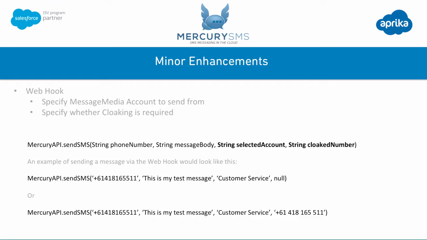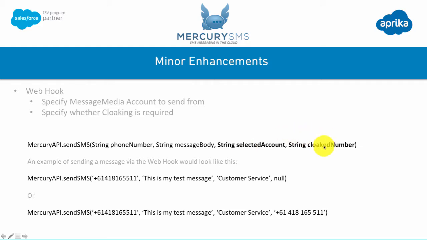The webhook has had a couple of minor enhancements to it. So we've added in an additional 2 parameters to the webhook. Where you're looking to send a message perhaps via Apex code, you've now got the ability to indicate the selected account that you want to send from. So this would be your message media account that you're sending from.